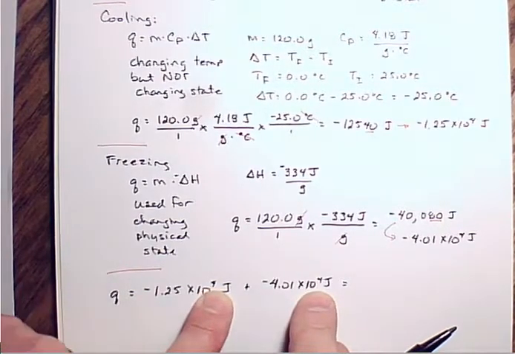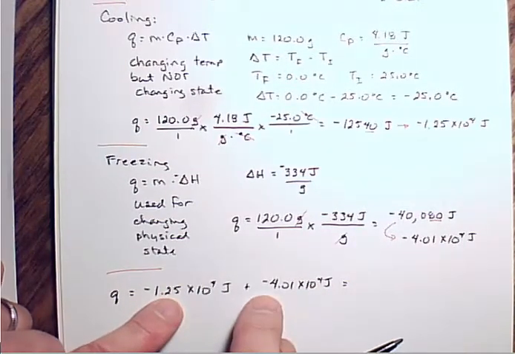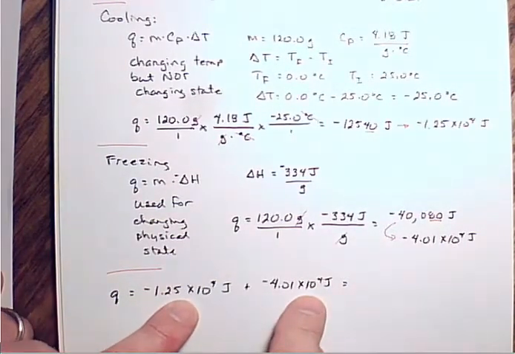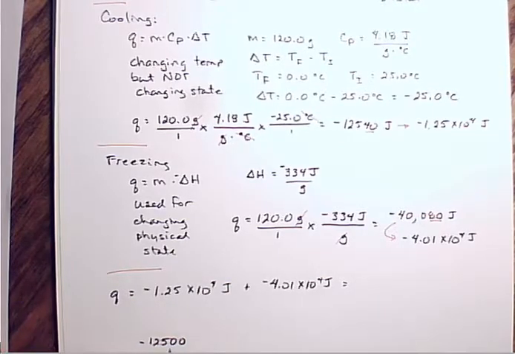Okay. One way to do this is to put the zeros back on there so we can get it out of scientific notation. But remember, those zeros are insignificant. So it would work like this. I would say negative 1, 2, 5, 0, 0, and I'll underline the insignificant digits here to remind myself those are insignificant.